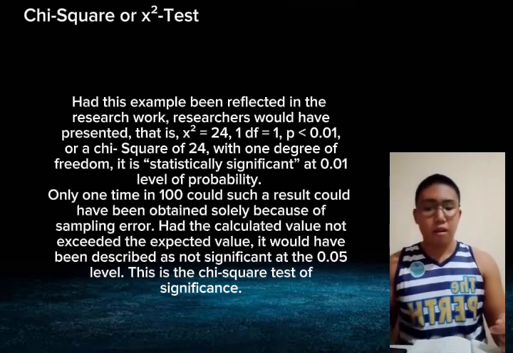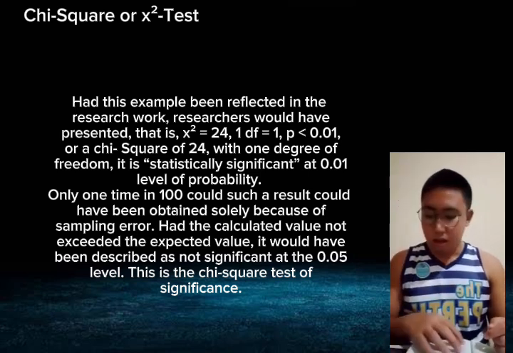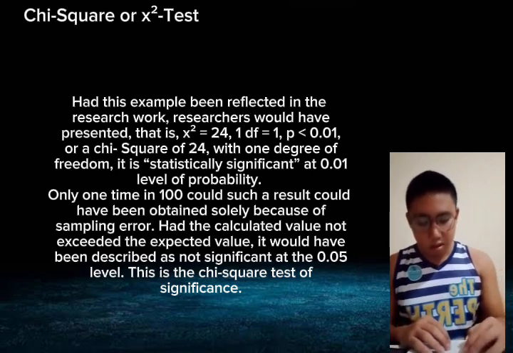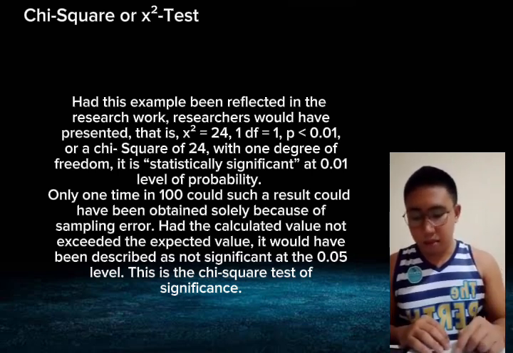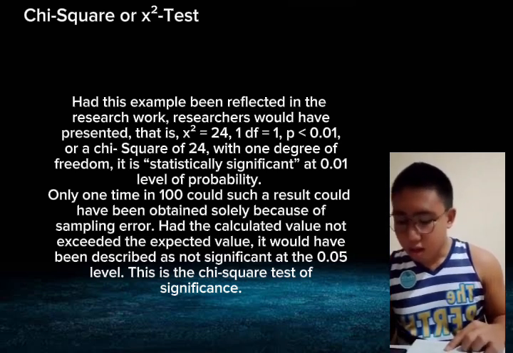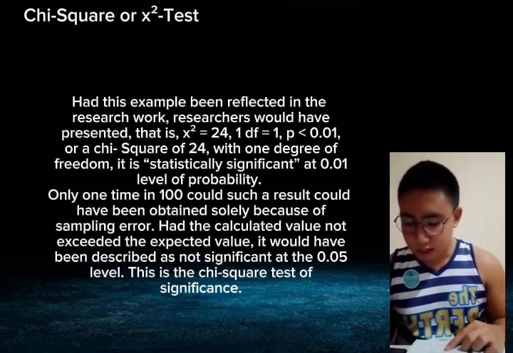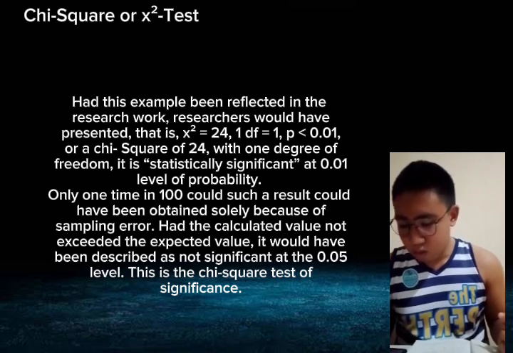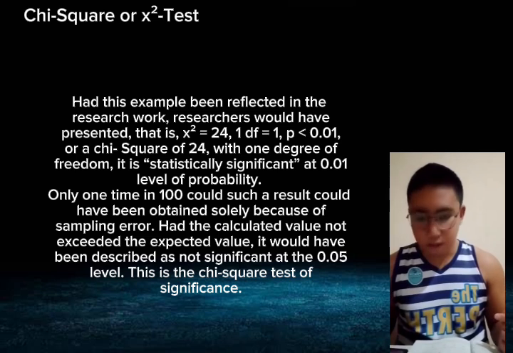So the results would be like, in every 100 samples, at least this kind of result here in table 12 will appear at least once, and it might be only due to error. Had the calculated value not exceeded the critical value, it would have been described as not significant at the 0.05 level. This is the chi-squared test of significance.